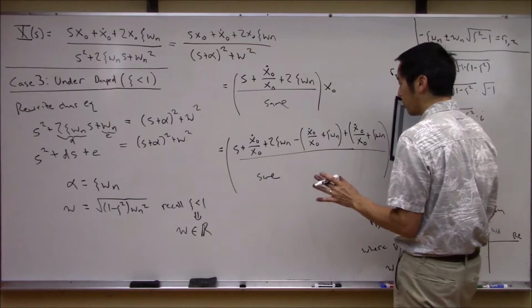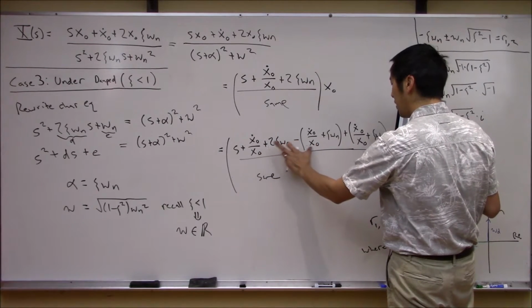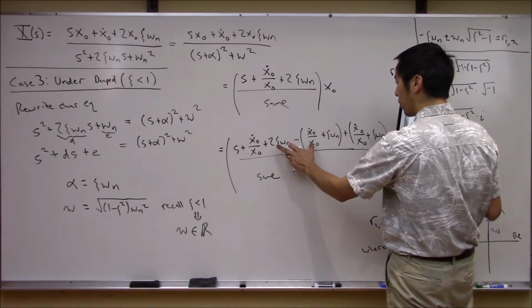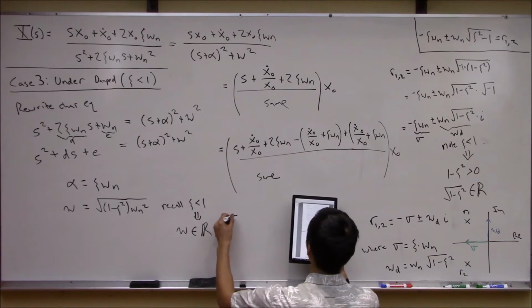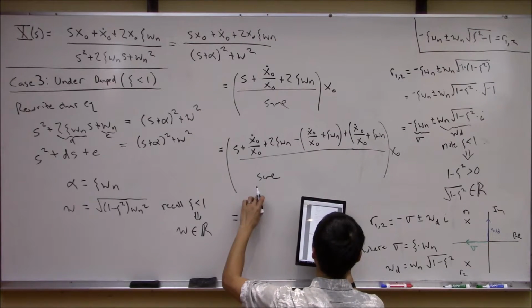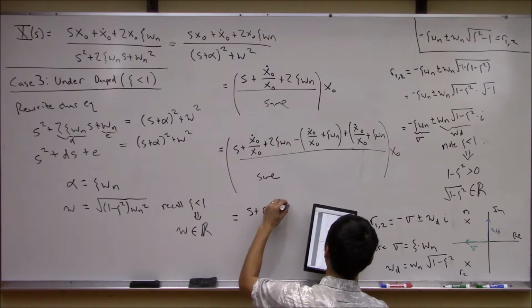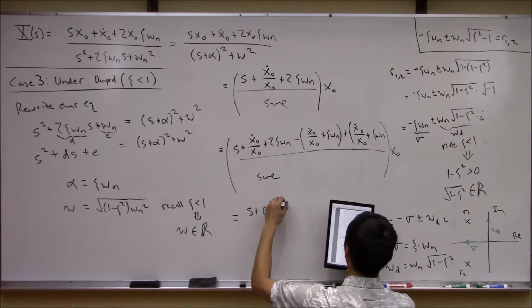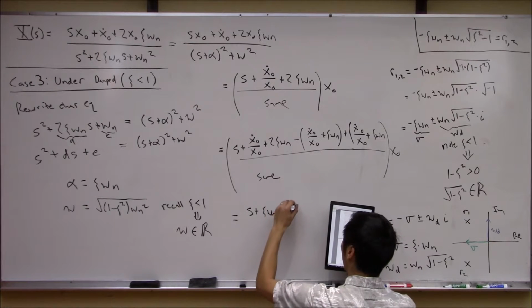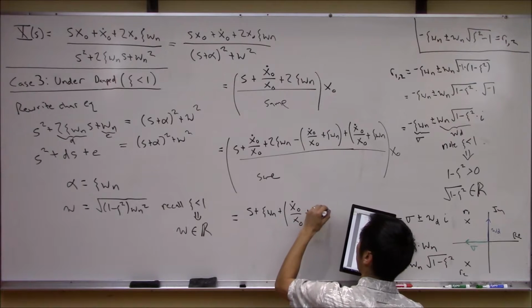Now, that might look a little dumb, like, why have you even done that? But I've done this because we can combine these terms, okay? So the last thing we end up with is you can massage this all the way down to look like s plus zeta omega n plus x dot 0 all over x0 plus zeta omega n, right?